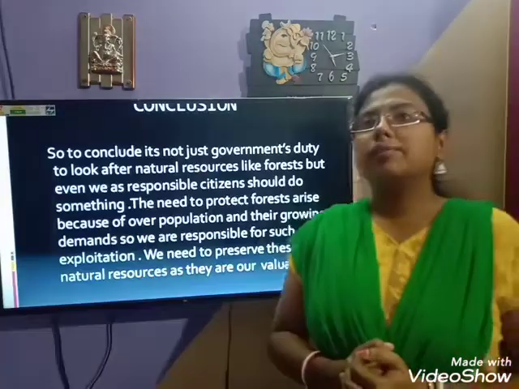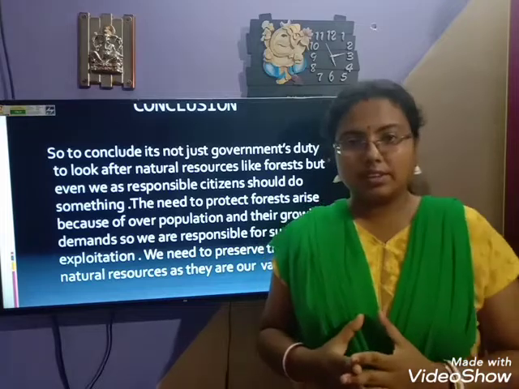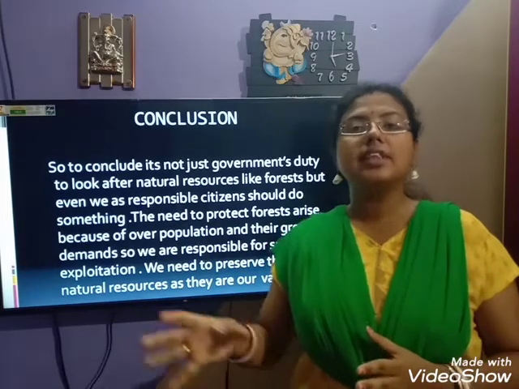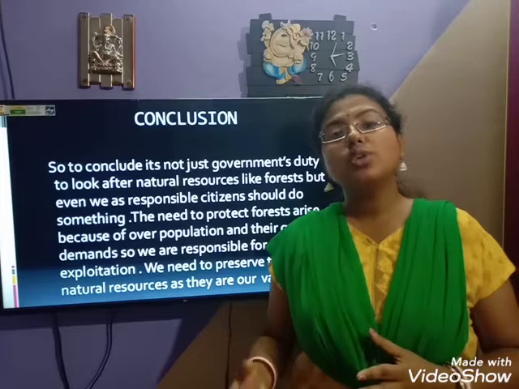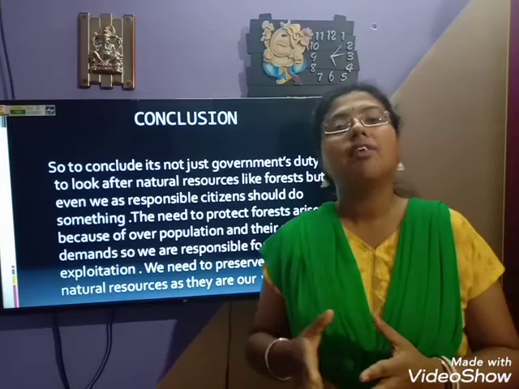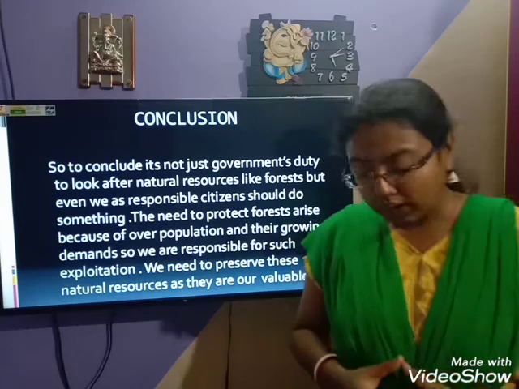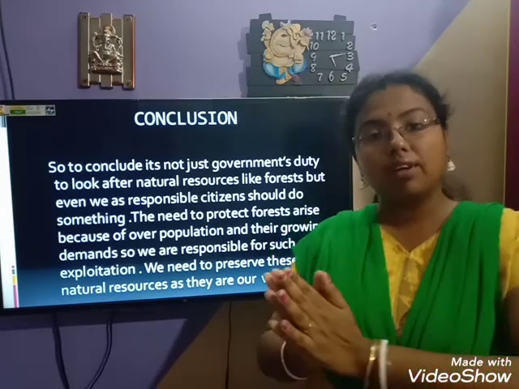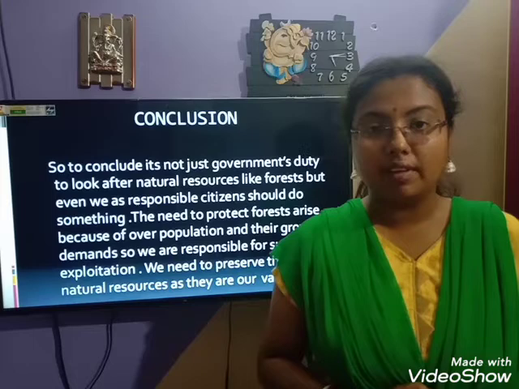Now, to protect this forest or to conserve our forest, it is not only the government's duty, it is also our duty to help the government protect our forest. Then only we can protect our life as well as our forest for our survival.